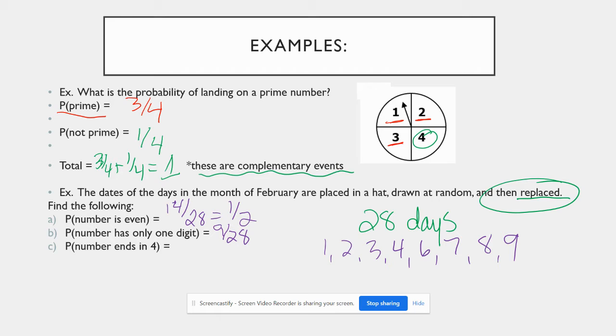Numbers ending in 4. So we have the 4th, the 14th, and the 24th. That's 3 numbers. So we have 3 desired out of 28 total outcomes, because again, 28 days. So we have 3/28. Can't simplify that, so that's done.